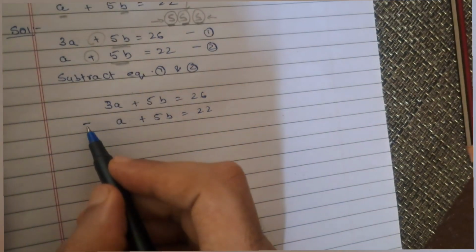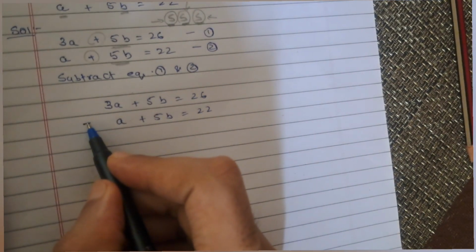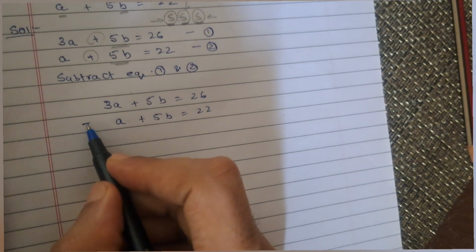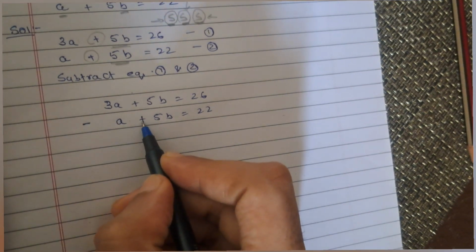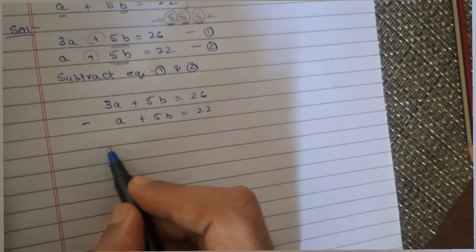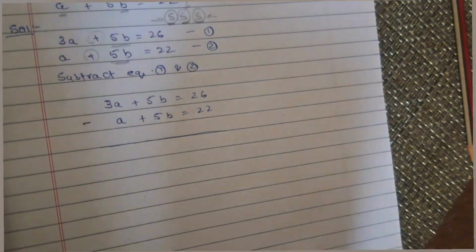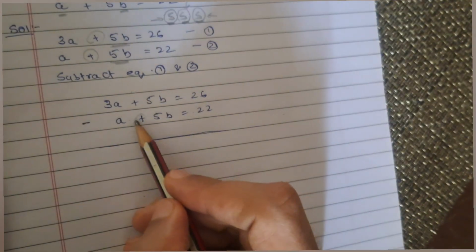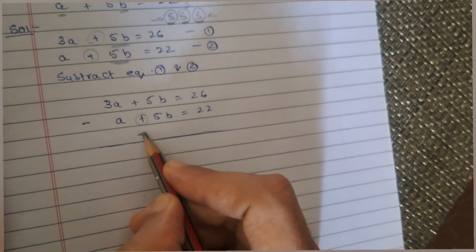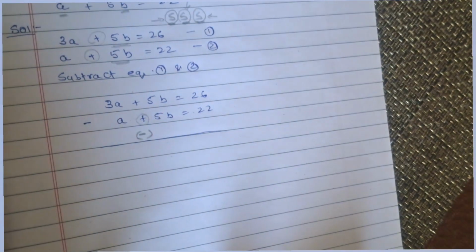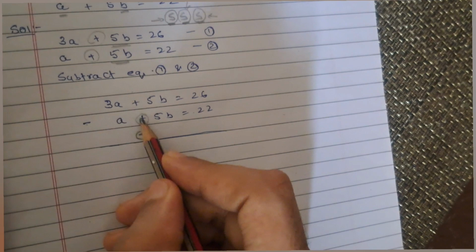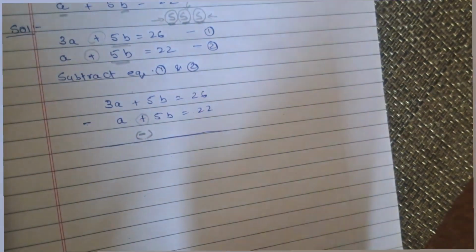Now remember, whenever we subtract, there is a rule which says that this subtraction sign will automatically change the upcoming signs. That means it will change the signs which come after it. So here there is a sign, this plus. Because of this minus, this plus will become minus.